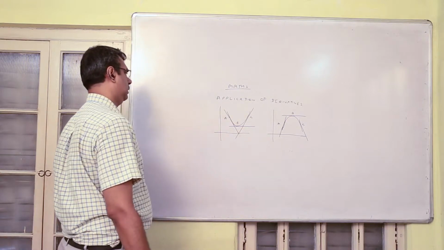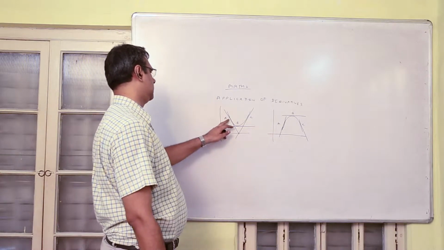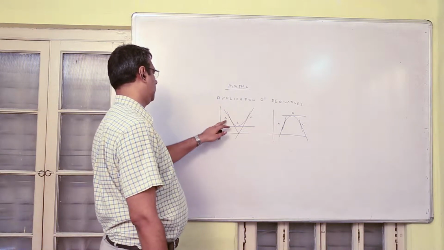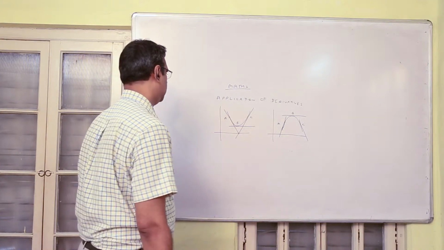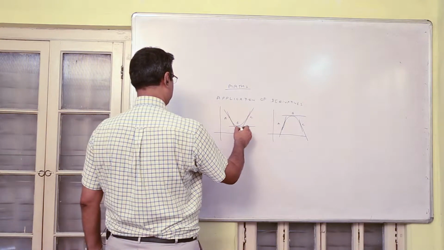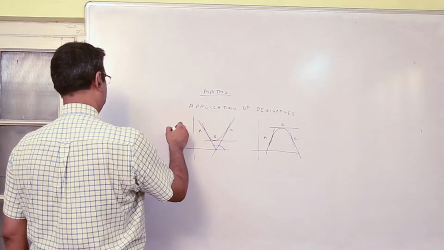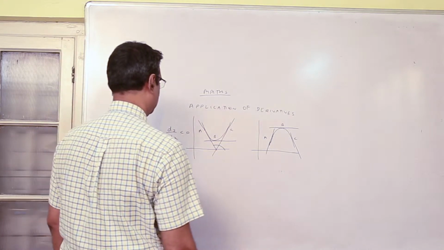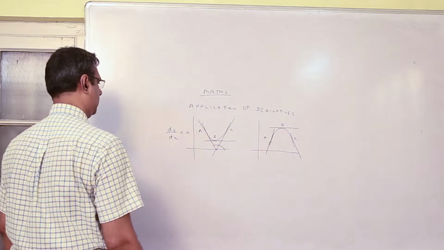you can see that if you take 3 points A, B and C, suppose, then at the point A, the tangent is making an obtuse angle. So at the point A, dy by dx is less than 0. Because the tangent is making an obtuse angle.